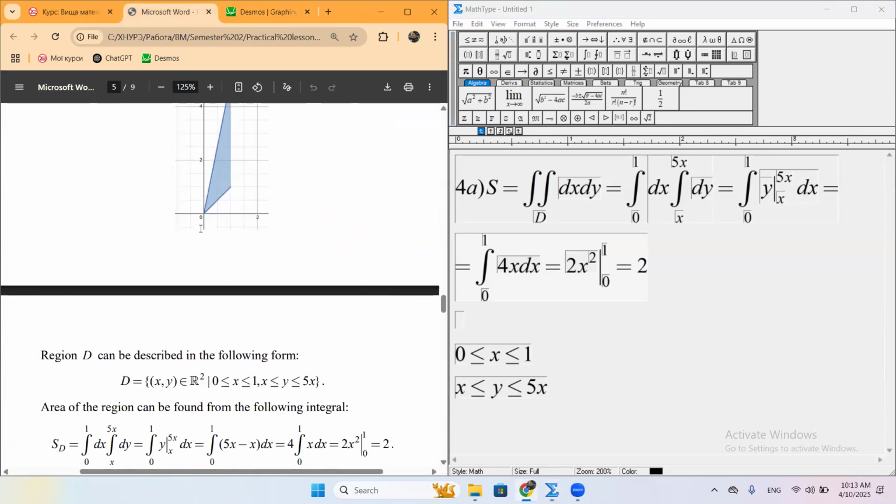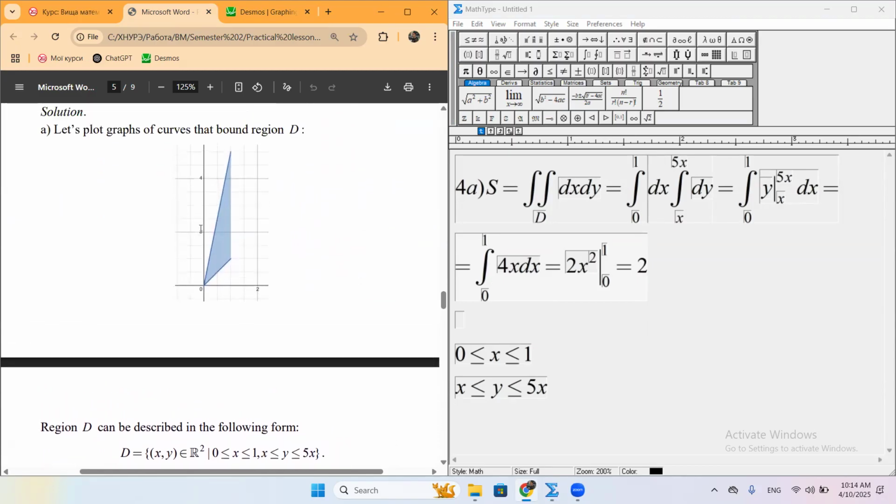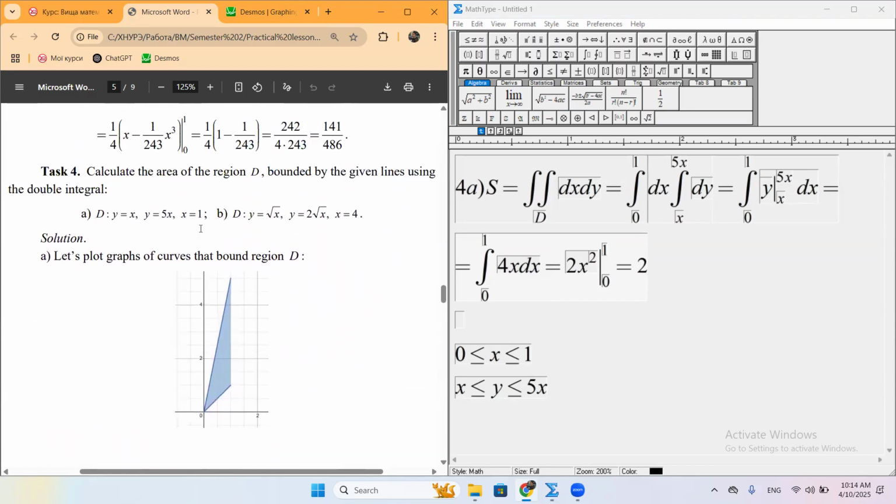So if we put everything together. Any questions about this exercise for A? Okay, if no questions, let's move to 4B.